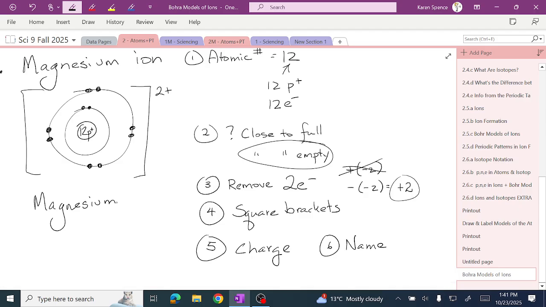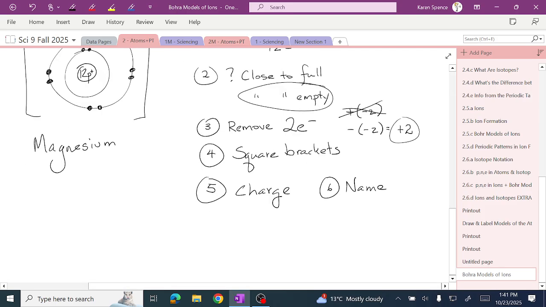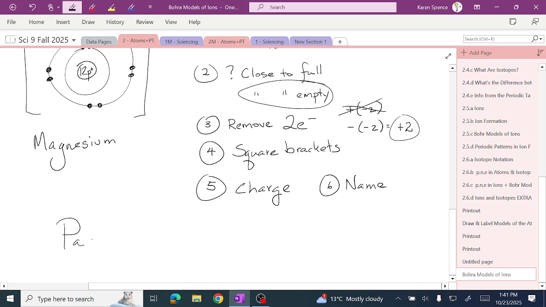Now, question, would anyone like to see any more examples, or would you just like to do some practice? Practice? Okay, so what we're going to do is you guys are going to work on pages 101 to 104. So 101, 102, 103, 104.